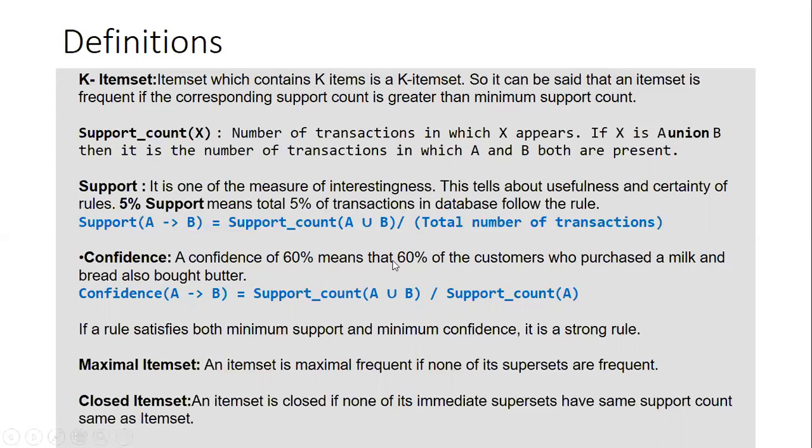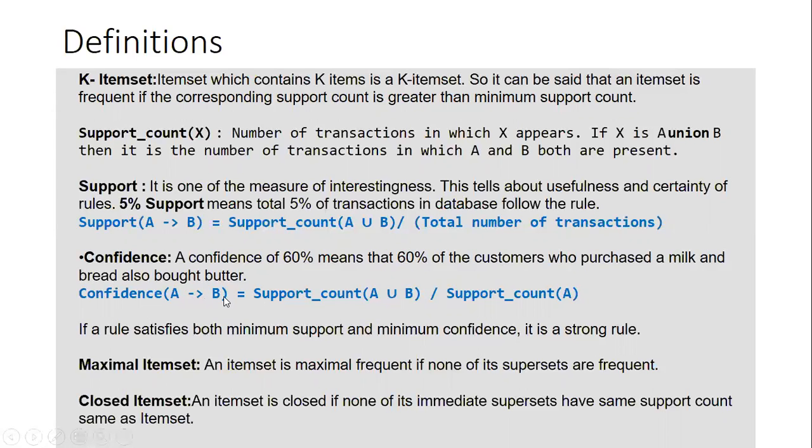Say for example, if 60% of the customers who purchase milk and bread also purchase another item, butter, the confidence of 60% means that 60% of the customers who purchase milk and bread also purchase the butter. So the formula is here.